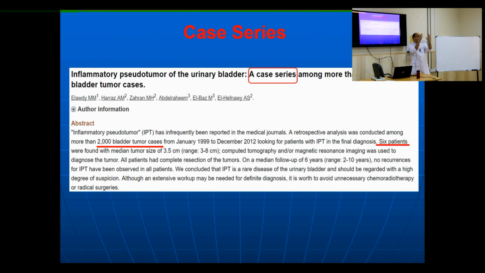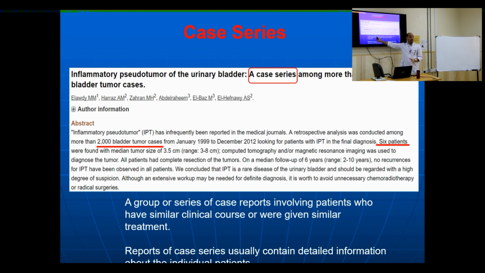By naked eye examination, it looked like a tumor, but every time we took a biopsy, there was no tumor. They proved to have inflammatory pseudotumor, and after follow-up, they didn't get any recurrence. So this is a case series.